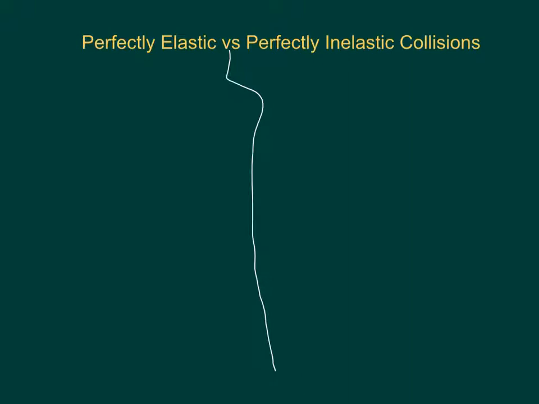We're just going to do a compare and contrast on what are called perfectly elastic and perfectly inelastic collisions. So let's start. First off, a perfectly elastic collision is a collision of bounciness.